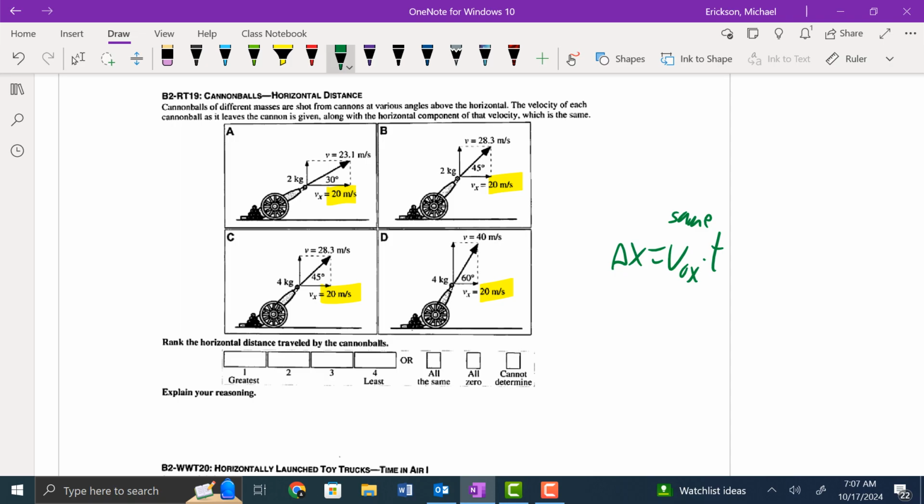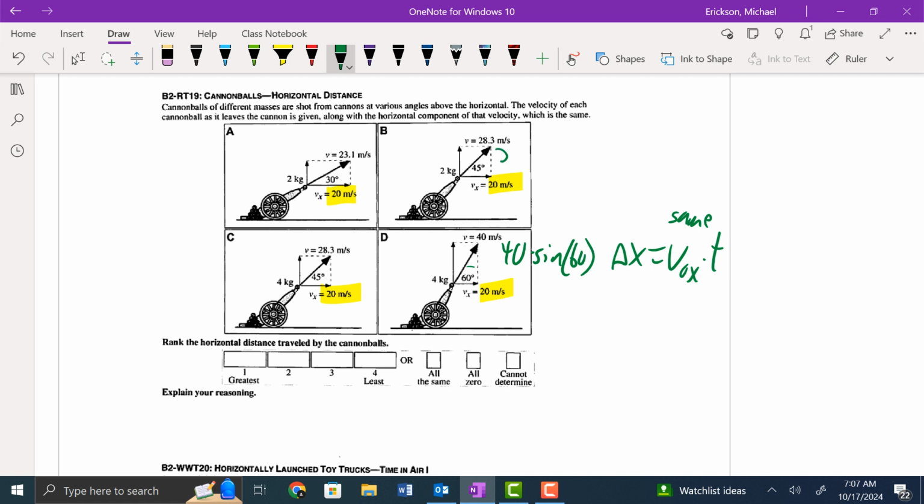Basically, if we can rank all the v naught y's, then that's going to tell us who's in the air longest. And I can tell by the height, the angle here, that this one is going to have the greatest v naught y. If you do 40 times sine of 60, you'll get a value for your v naught y, and you can do that for all of these.